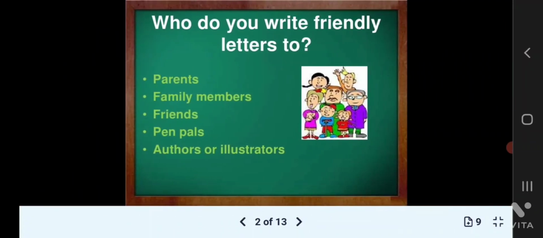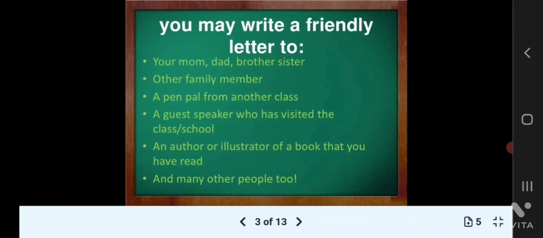Okay? So, who do you write friendly letters to? We usually write friendly letters to our parents, to our family members, to our friends, to our pen pals, to our authors or illustrators. You may write a friendly letter to your mom, your dad, your brother, or your sister.